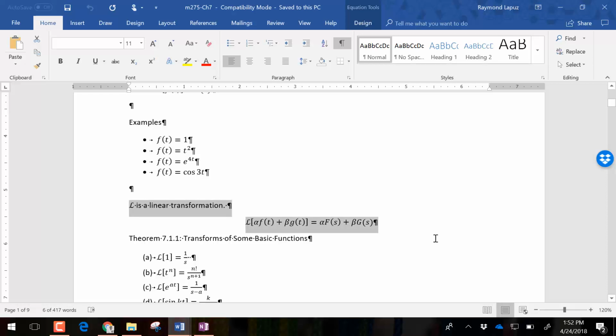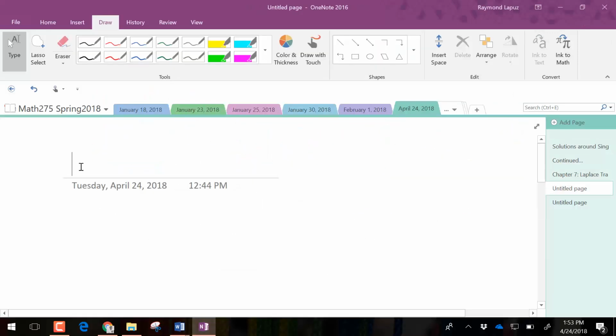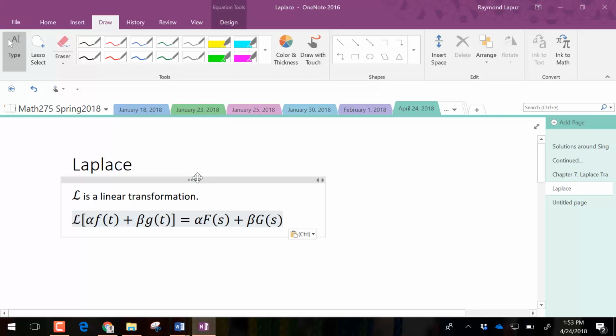So there's an important piece of information that will allow us to work with a lot of the equations that we've been working with. And that is the fact that the Laplace transformation is a linear transformation, which means that the Laplace of a sum is equal to the sum of the Laplace, and the Laplace of a scalar times the function is the scalar times the Laplace of the function.